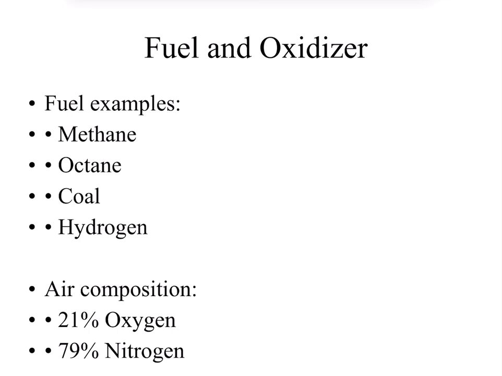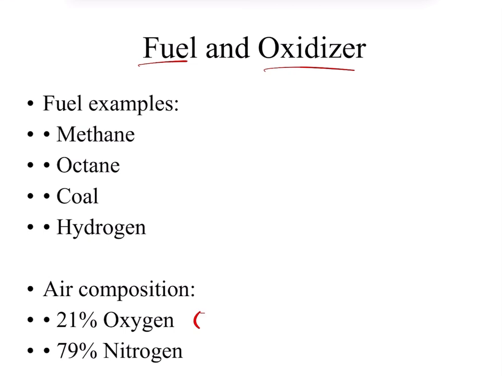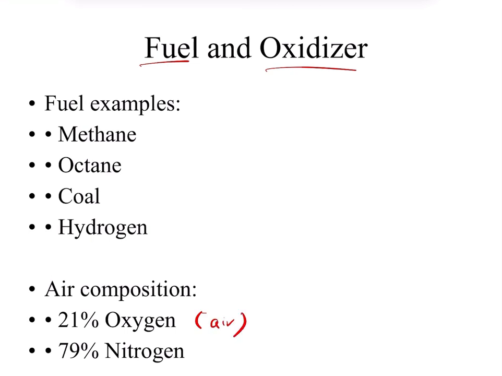Every combustion process requires two components. It is fuel and oxidizer. In most engineering applications, air supplies the oxygen needed for combustion. So we don't need to think about the oxygen because the air already provides us with oxygen.